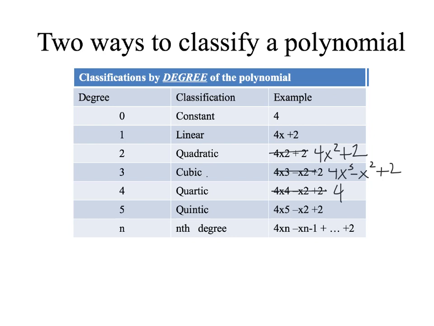Quartic, 4x to the fourth. The 4 is the highest power. So it doesn't really matter what else is in here when you're considering how to name it by its degree. It's really just all about what's the highest exponent. Quintic.